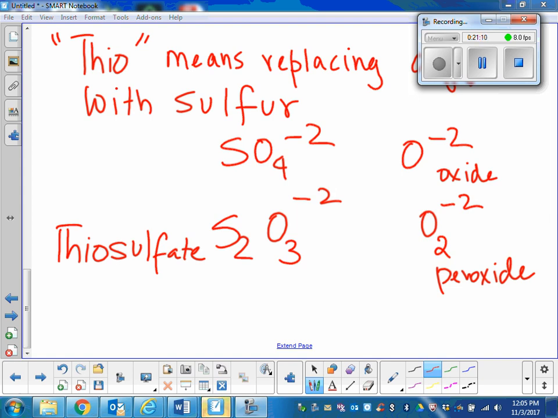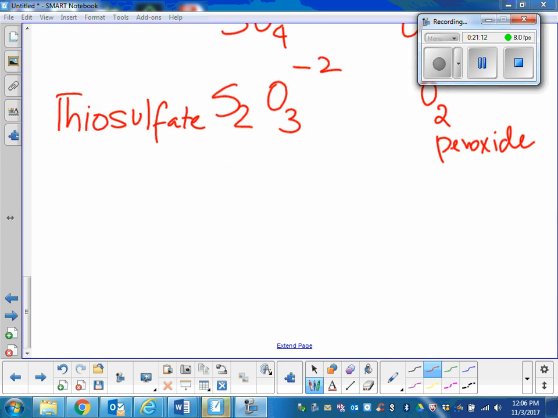Alright. So there are a few exceptions on this list. If you notice, most of the polyatomic ions are between nonmetals. Nitrogen, oxygen, sulfur, oxygen, everything is from the non-metal side. But there are a few that come with the metals. And we did perchlorate.